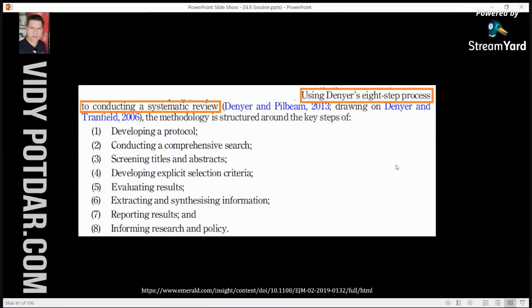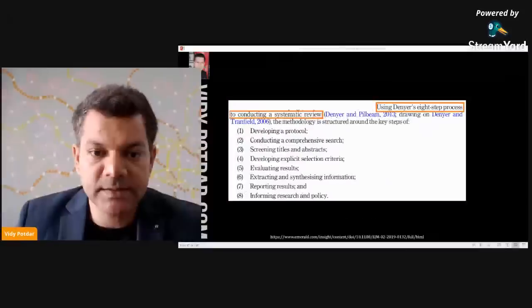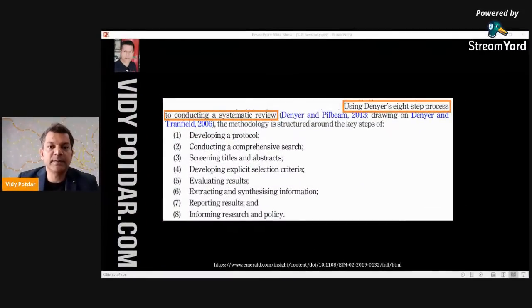So even if you look at these points that are mentioned here versus what we discussed in Prisma, they're more or less similar. I would say it is a variation of Prisma. Actually, I have not read that paper, so I don't really know whether that is based on Prisma or some other approach.